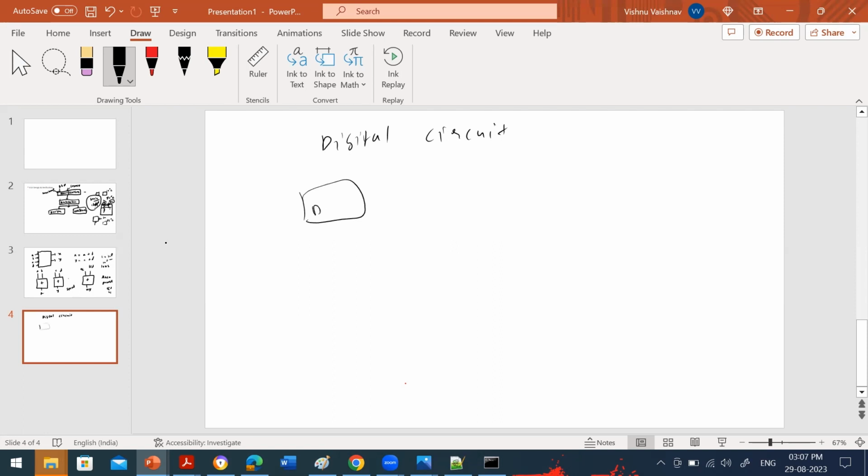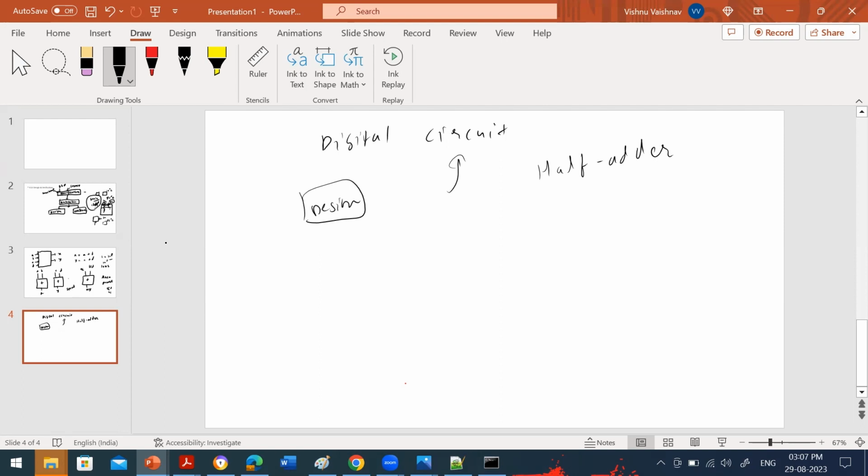Now, when you talk about digital circuit, what exactly do you do in design? To get the digital circuit, let me take one example. Assume we need a digital circuit of a half adder. Let's say you are working on a chip and you want to design a chip with a half adder.